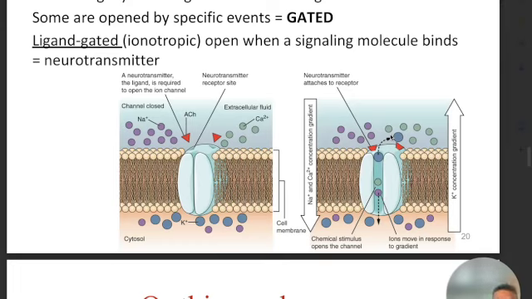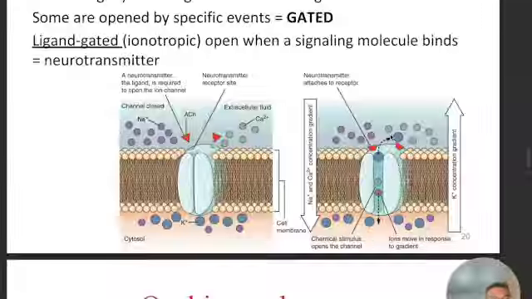When more positive rushes in, it goes closer to 0, and then it reaches all the way to positive 30 millivolts. That is called depolarization.